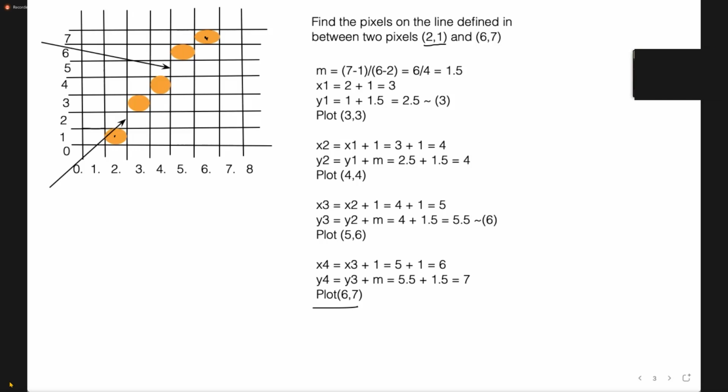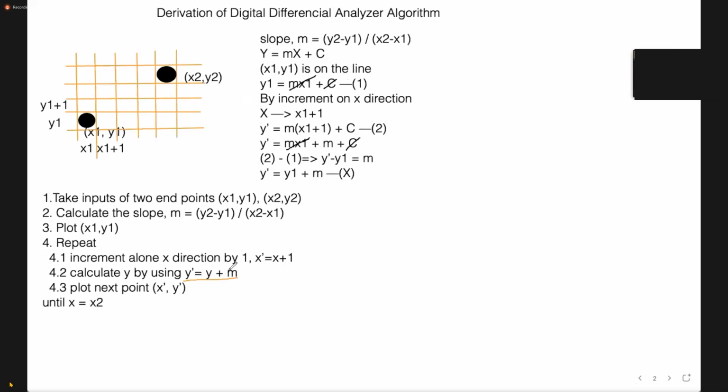Therefore, we have to find some different solution. Now we know that this is happening when m is greater than 1. When m is greater than 1, we have to do something else. If m is less than 1, no problem, we can calculate it in the earlier manner. This algorithm works when m is less than 1. When m is greater than 1, this algorithm does not work.